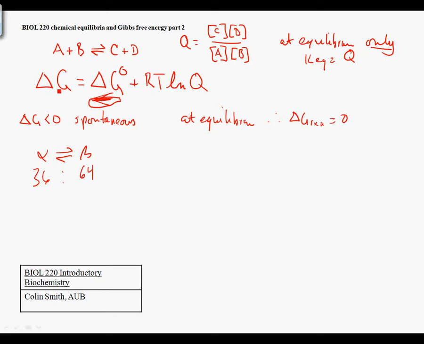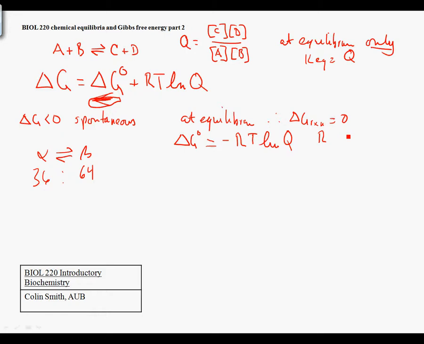If delta G is equal to 0, then we can move this around, so we can say that the standard free energy change of this reaction is equal to negative RT ln Q, where R is the gas constant, and the gas constant in this case we're going to use joules.